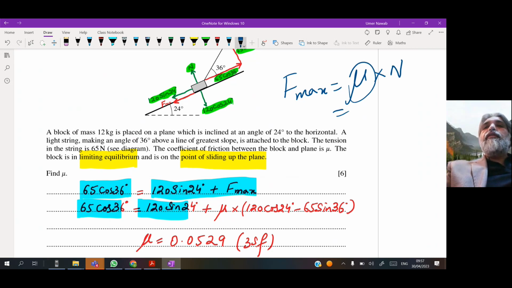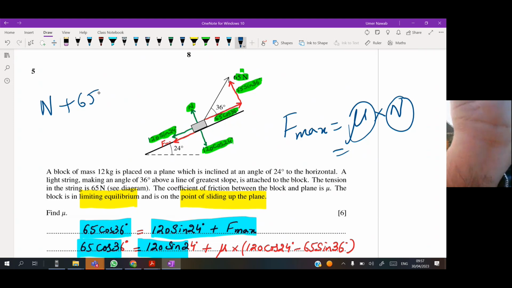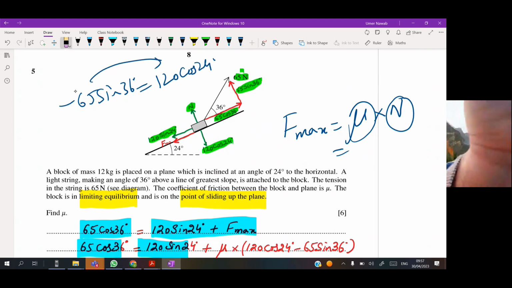Everyone remembers F max is equal to mu n. Mu is the coefficient of friction, which is a constant, and I can find n according to Newton's laws, since the block is not moving up and down, so it means the sum of the two upward forces, n plus 65 sine of 36, must be equal to 120 cosine of 24. Then I send it to the other side.